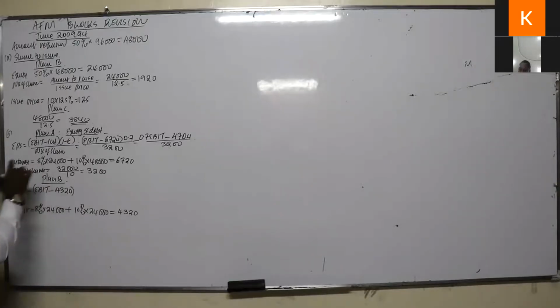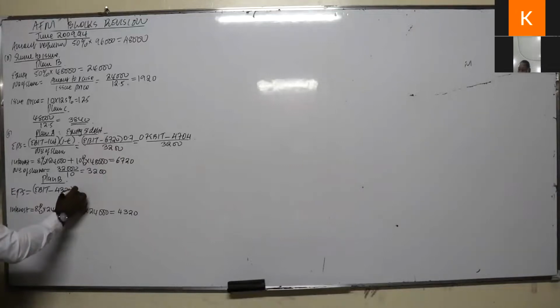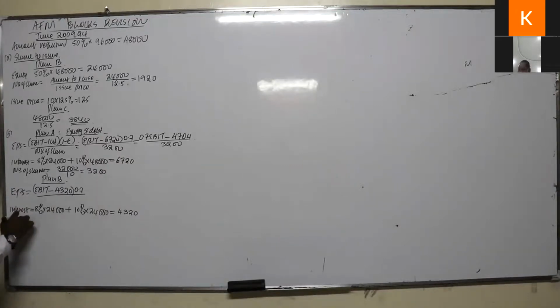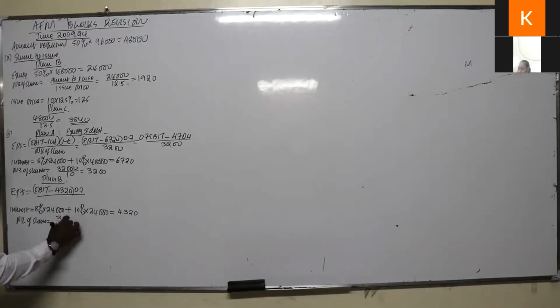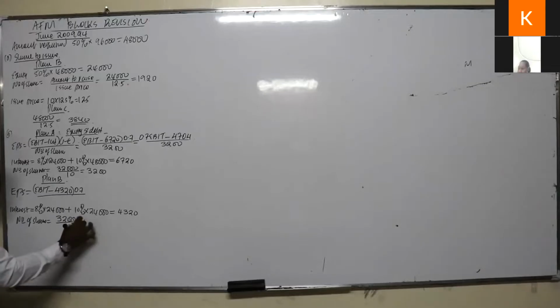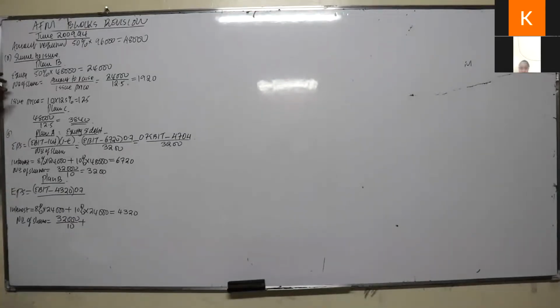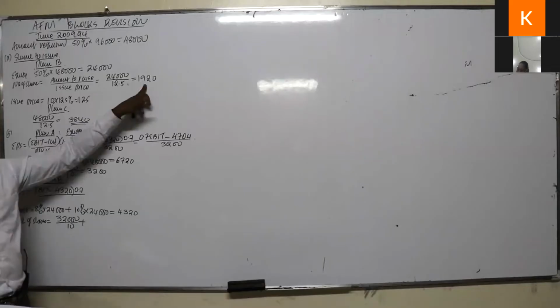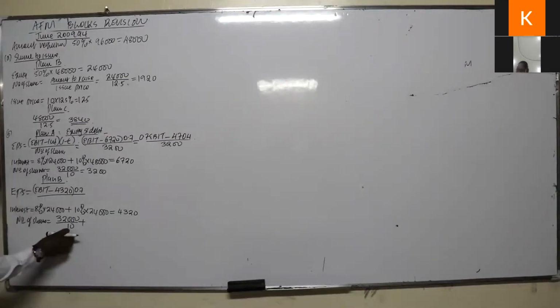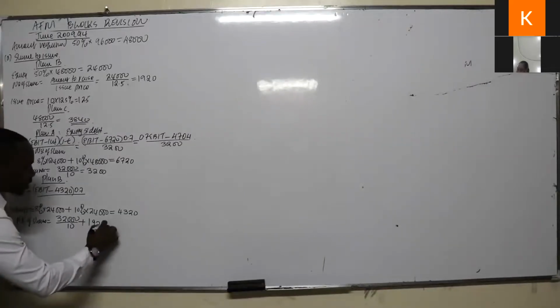Then 1 minus T, it's 0.7, over the number of shares. Currently, our capital structure, we have 2 million, each at 10, to get the current number of shares. Then in part A, we have computed the number of shares to issue under plan B, and the number of shares to issue was 1920. So of the current share you have, you add an additional 1920.